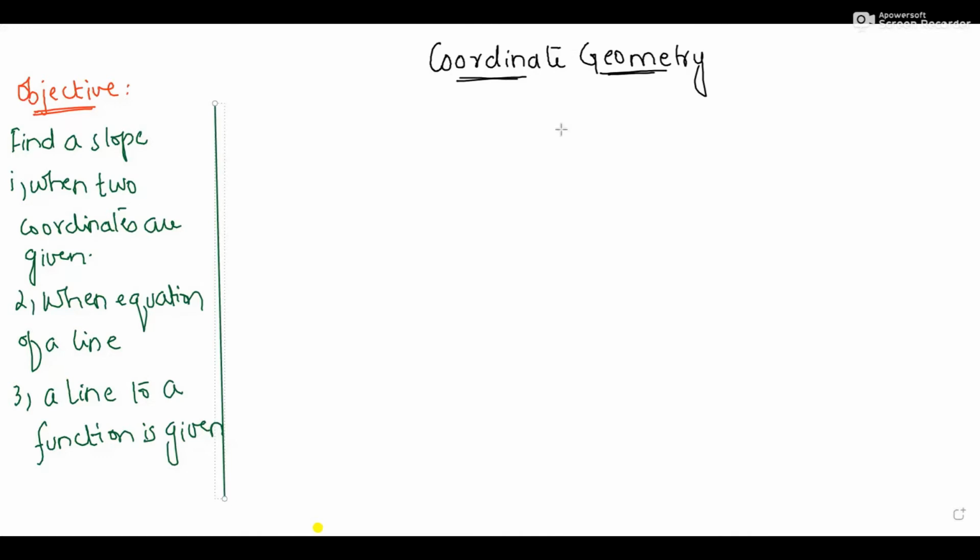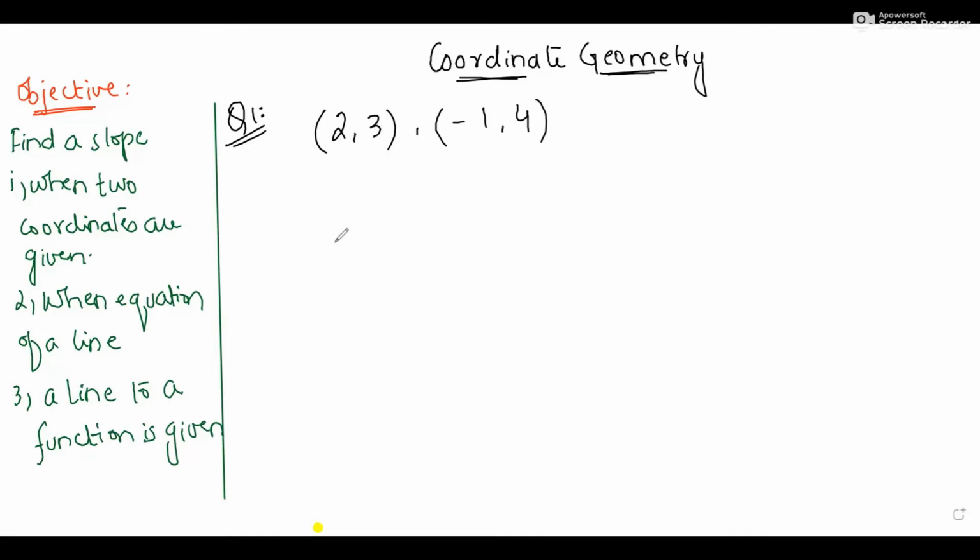First of all, condition number one, that is question number one. We have to find out the slope when two coordinates are provided to us. Like if we have been provided with the two coordinates which are (2, 3) and (-1, 4), and we have to find out the slope.